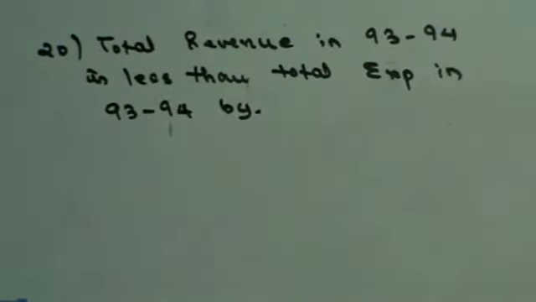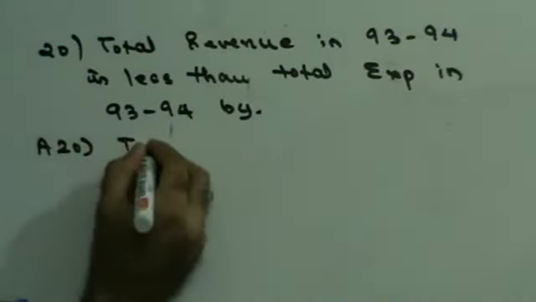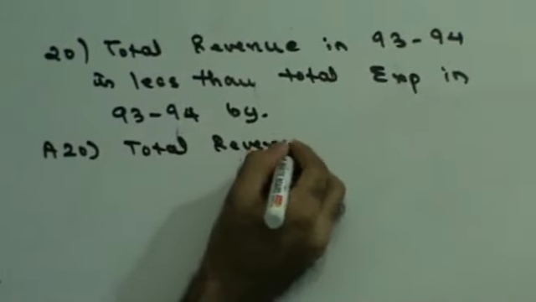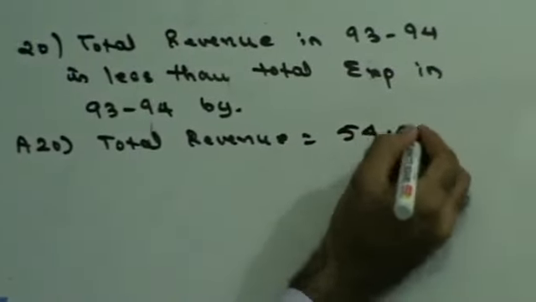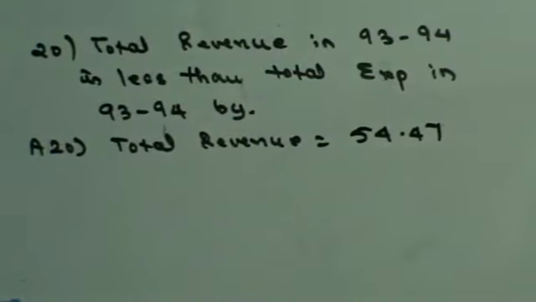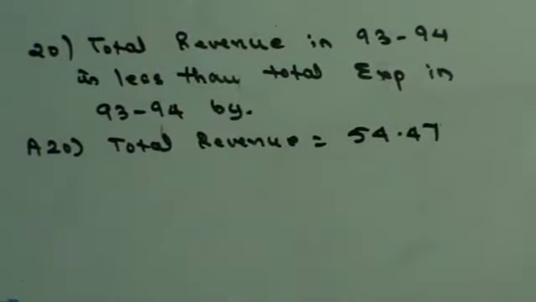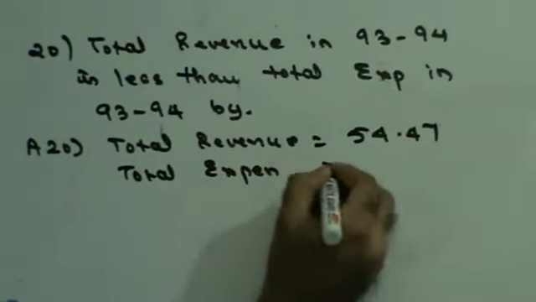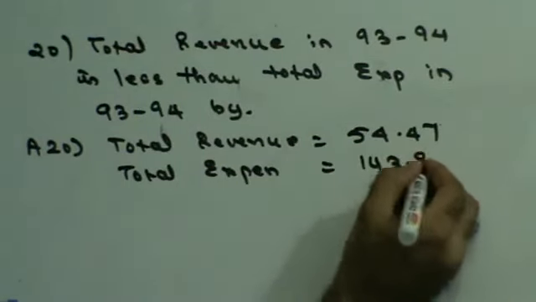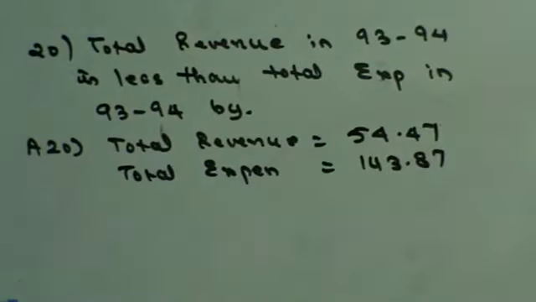Now, they are saying that total revenue in 93-94 is 54.47, right? Is less than total expenditure. Total expenditure in 93-94 is 143.87, right? So in that case, how much is it going to be less by?